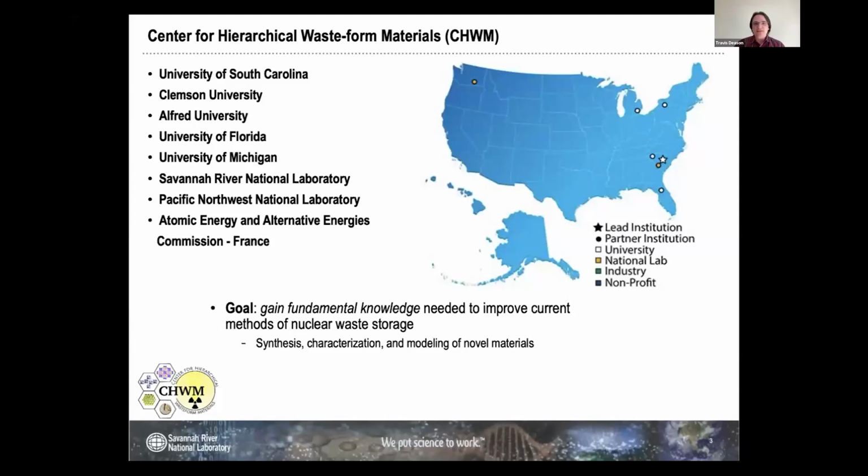And the reason that gain fundamental knowledge is in italics there is that we need to understand what type of materials we can make with these actinide elements, and we need to understand what kind of structures they can make, what kind of bonds they like to make, what kind of ions they make. And it's this fundamental knowledge that we don't know a lot of because not a lot of research can be done with these actinide materials. Not a lot of labs have access to do this kind of research.